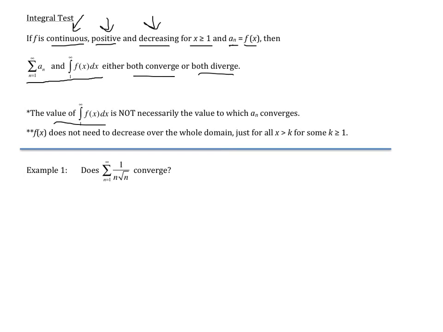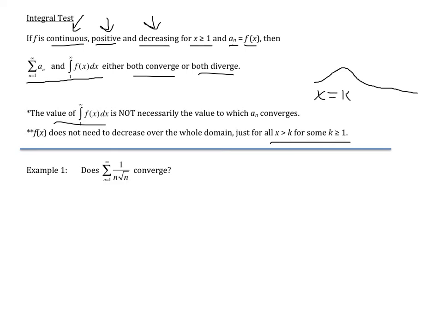And also, it's just a minor detail, but that f of x does not actually need to decrease over the whole domain. It just needs to decrease for some x greater than k, where k is greater than or equal to 1. So you could have a function that has a little bump in the middle of it where it increases and then it starts to decrease, and that value where it starts to decrease would be our x equals k.